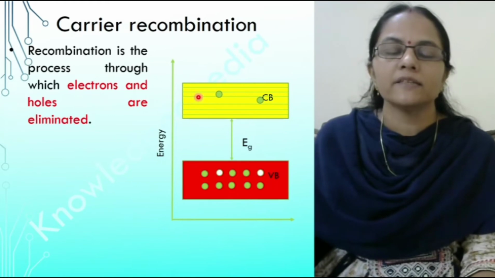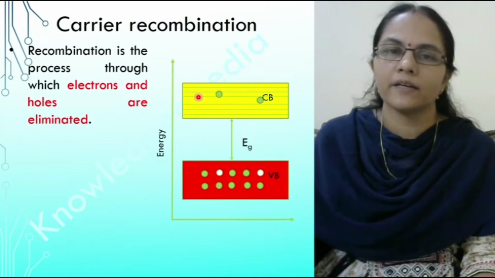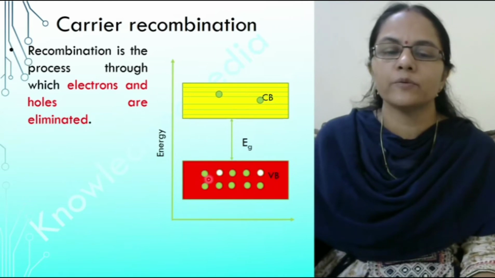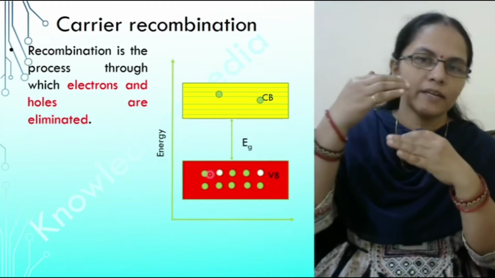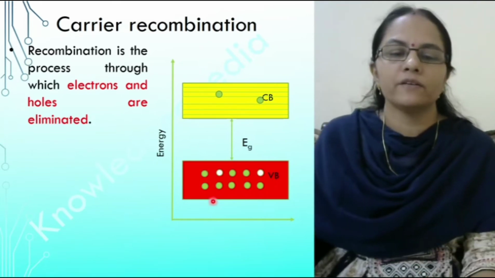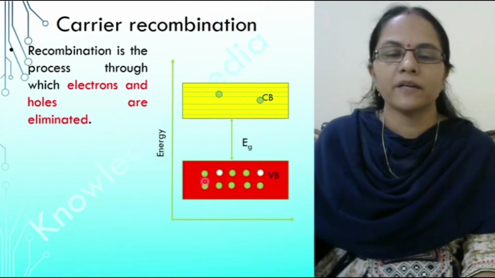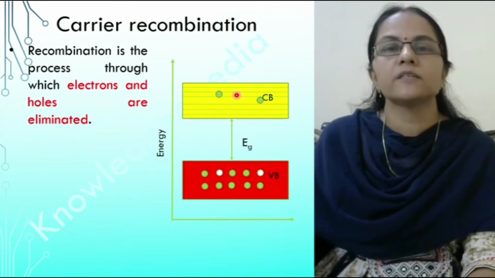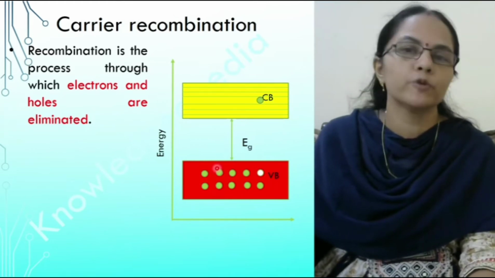Because the electron in the conduction band comes down and combines with a hole in the valence band. That means one electron from the conduction band is eliminated, and one hole from the valence band is also eliminated. Similarly, if another electron moves from the conduction band, it will eliminate one more hole from the valence band.